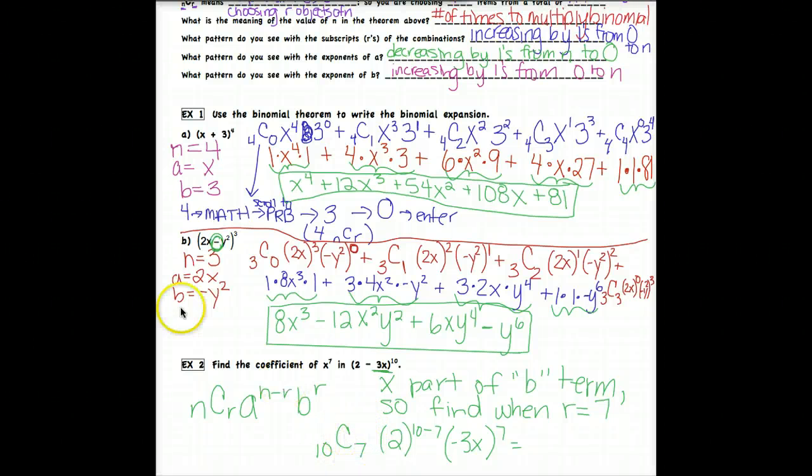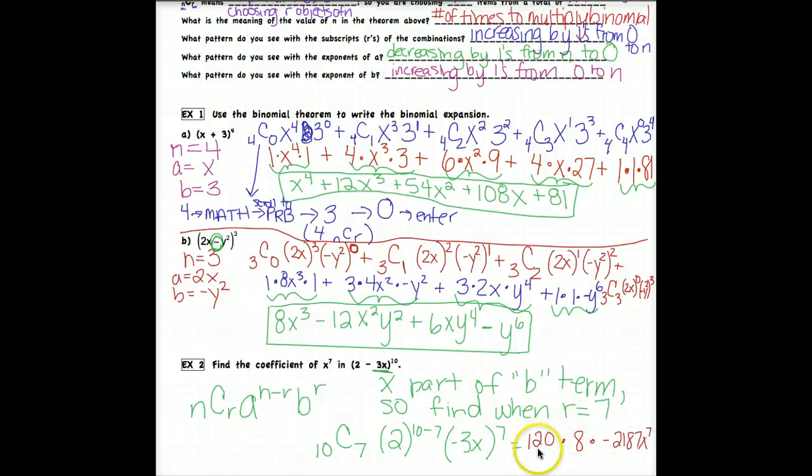So 10 choose 7 is going to give you 120. Then 10 minus 7 is 3, so 2 cubed is 8. And then here I have to take both of these to the 7th power. Negative 3 to the 7th is negative 2,187. And of course, x to the 7th is just x to the 7th.